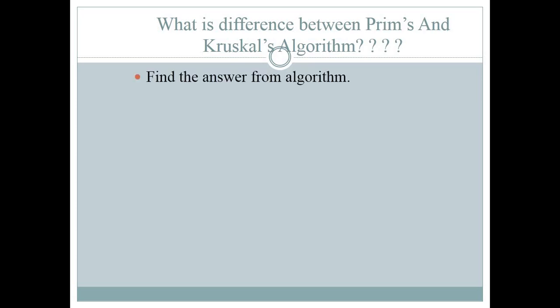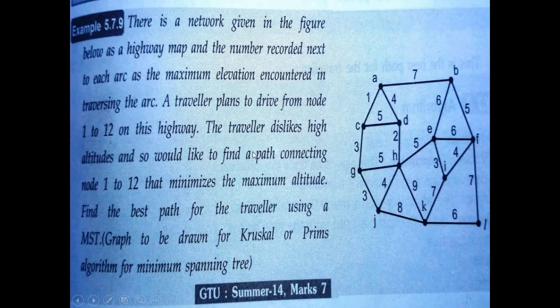Okay, so now let's understand what is the difference between Prim's and Kruskal's algorithm. You will have to find the difference from the algorithms of Prim's and Kruskal's. Now let's understand an example which was already asked in your summer 2014 examination for 7 marks. That says there is a network given in the figure below as a highway map, and the number recorded next to each arc is the minimum elevation encountered in traversing the arc.